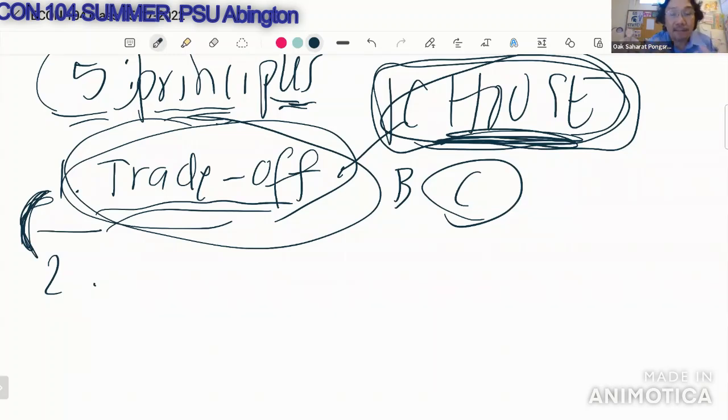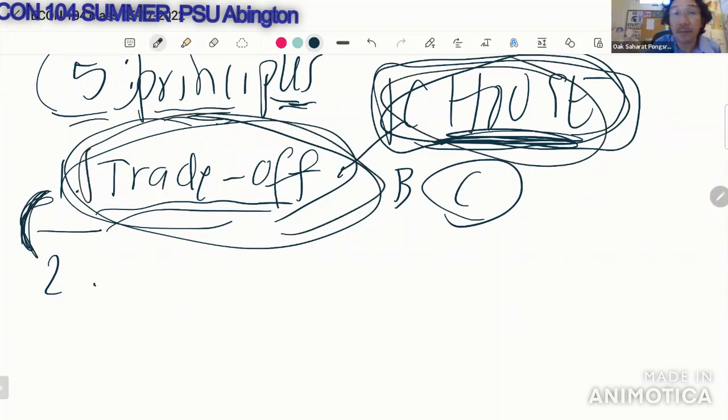No, strictly speaking, that's wrong. It's not Penn State because no university can make that decision. It's an inanimate object, it cannot make decisions, right? So only individuals make choices, and in doing so, they think about the trade-off, namely the benefit and the cost. Now go to number 2.